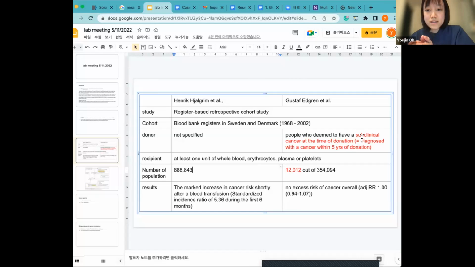They only selected a very small amount of people, and it happened in many other papers. I think when they only deal with a limited number, it's hard to find any meaningful increase, I think.